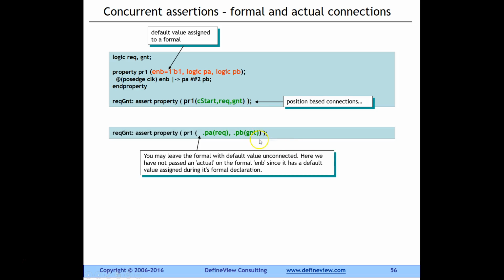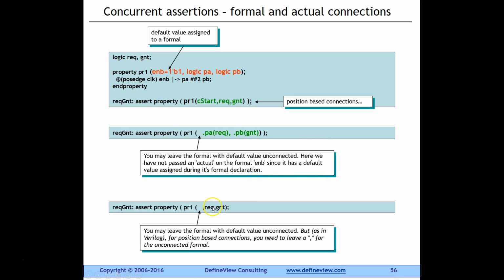The point I'm making here is, since there is a default assigned to E and B here, you can simply skip connecting that particular formal in this particular property, or if it's a position based connection, this is name based, this is position based, you can simply leave the position empty but followed by a comma and then request and grant. No need to go into detail because this is very, very similar to what you are familiar with in Verilog.